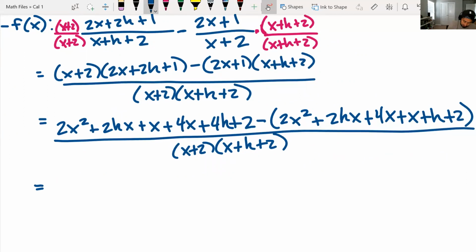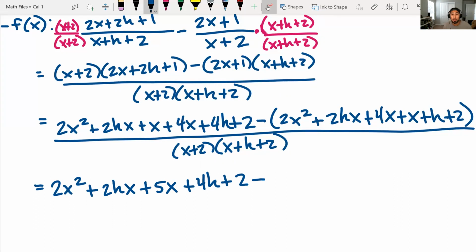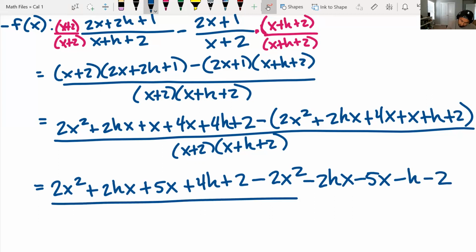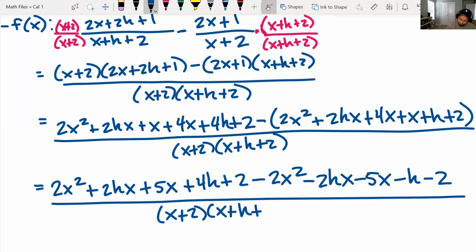So on the left side, 2x squared, plus I have a 2hx by itself, so 2hx, and then x and 4x give me 5x plus 4h plus 2 minus, and now I'll distribute that negative, 2x squared minus 2hx, again, 4x and x give me 5x, that'll be minus 5x minus h minus 2, over x plus 2 times x plus h plus 2.